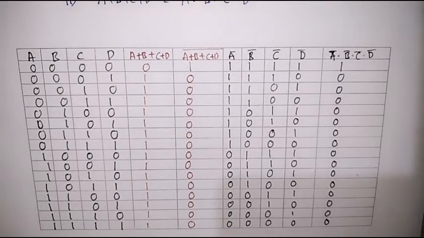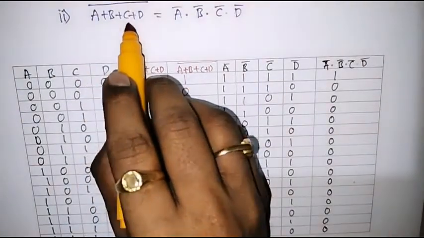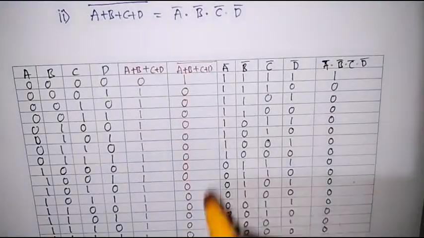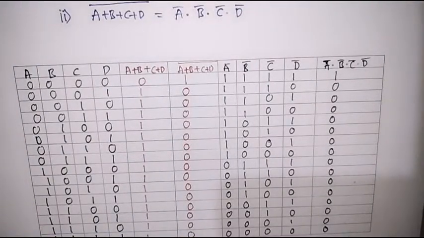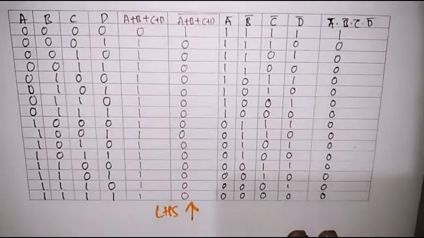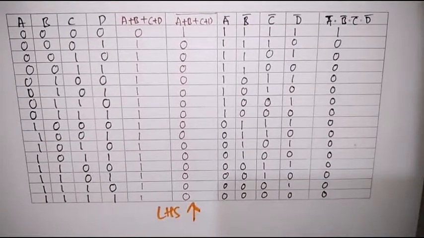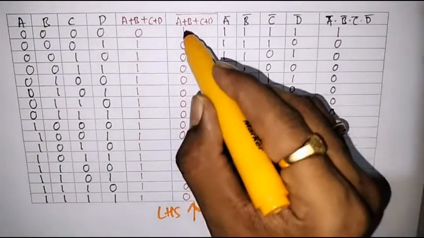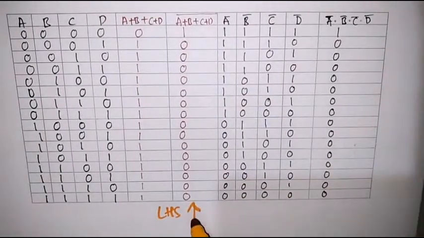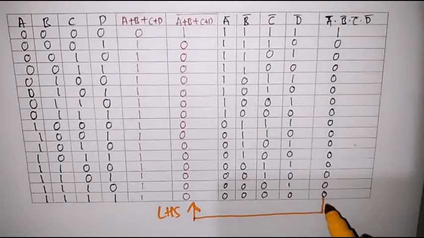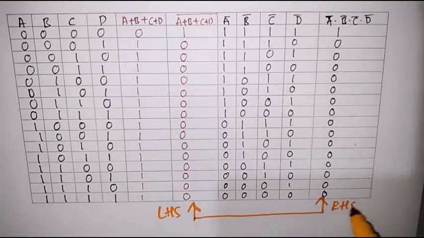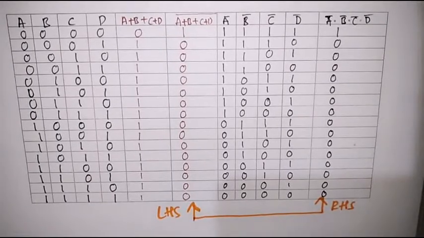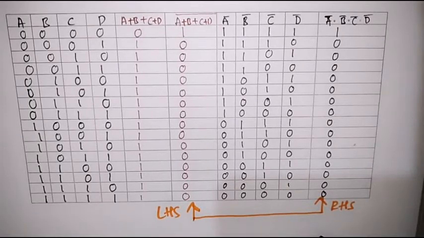Now as per the theorem, (A plus B plus C plus D) whole bar is the LHS, and the RHS is A bar dot B bar dot C bar dot D bar. Compare this column with this column, both are the same. Therefore, De Morgan's theorem for 4 variables is proved.